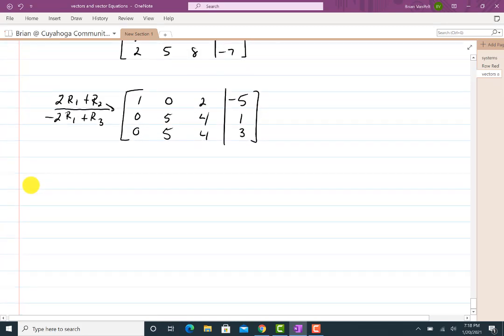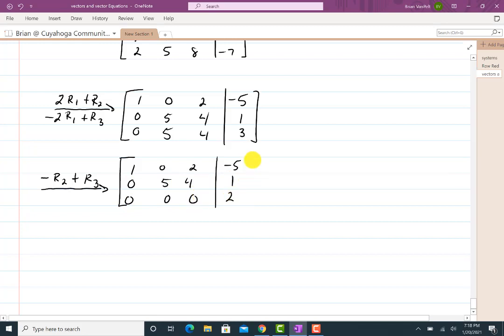Well, I can see that I'm not going to have a solution, but what I'm going to do is take negative R2 plus R3. That'll wipe out the coefficients for the third row. So I'll do negative R2 plus R3. And let's see what I have. No solution.